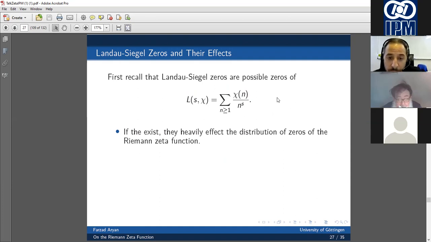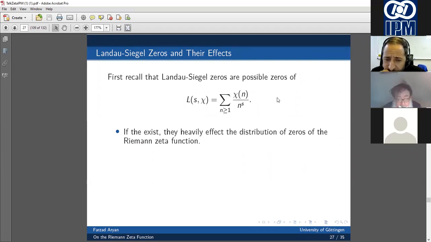For a long time, many people believed that Landau-Siegel zeros cannot exist. Now, because it's been so long, I'm hearing that some people say maybe they exist. Anyway, there is not that much reason behind any of these speculations.